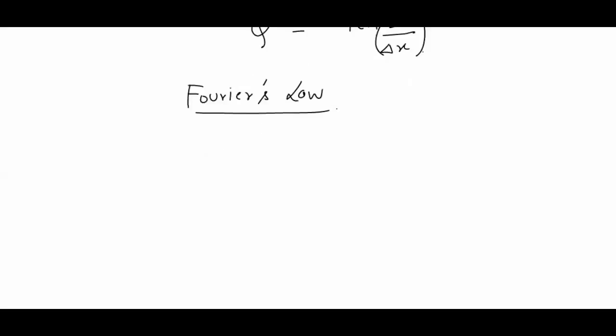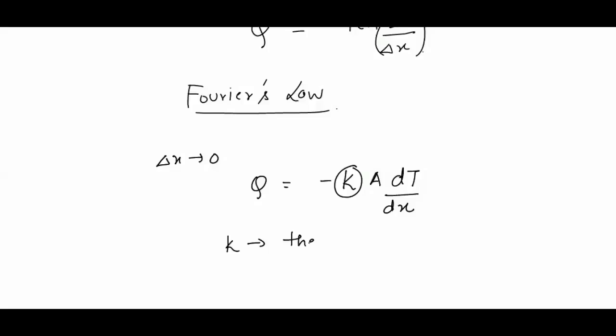In differential form, that is when delta X tends to 0 or very small, I can write Q as minus K A dT by dX. Now here the term K is defined as thermal conductivity.